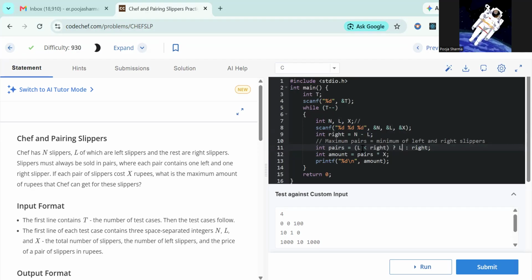And if the value of left is greater than that of right, then go with right. We have to select the maximum pair, that is the minimum. Then the amount should be multiplied by the value of x, right? And print amount. That's it. And this is how you will get it.